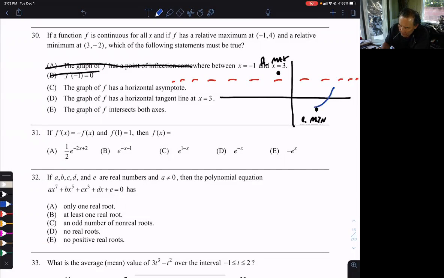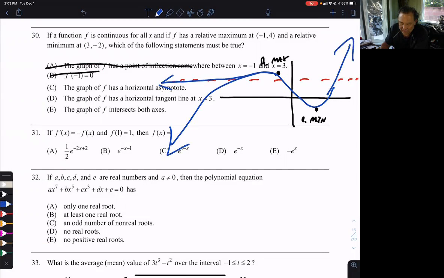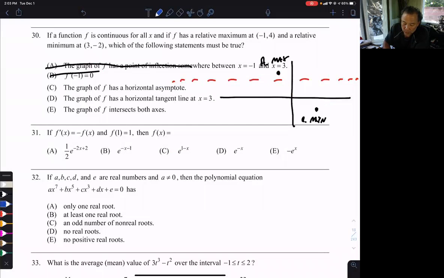I know I have a relative min there and I have a relative max there, but do I have to approach a number as I move to the left? Can't this just go down? And can it just go up? It can. So you don't have to have a horizontal asymptote. So that doesn't have to be true. I just gave you examples where it doesn't have to be true. So that is a silly concept. Let's keep going.